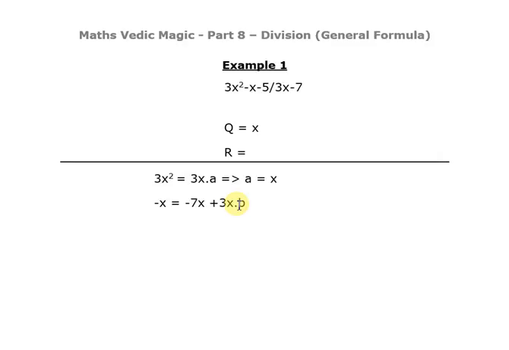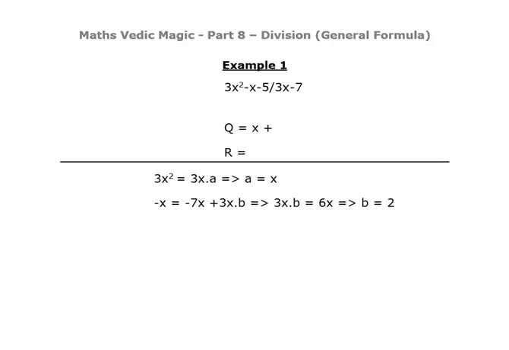So 3x times b equals 6x, which in turn gives us b equal to 2. So that's our second term of the quotient.